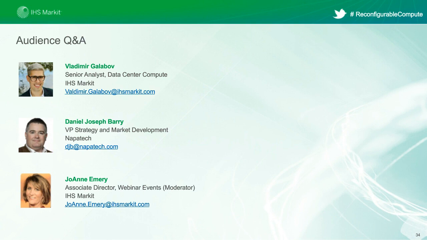Before you answer, I'm just going to give my perspective. As an analyst, we research multiple areas of programmable compute, and we can definitely see that some workloads are using one type of programmable or reconfigurable compute solution, while others use others.